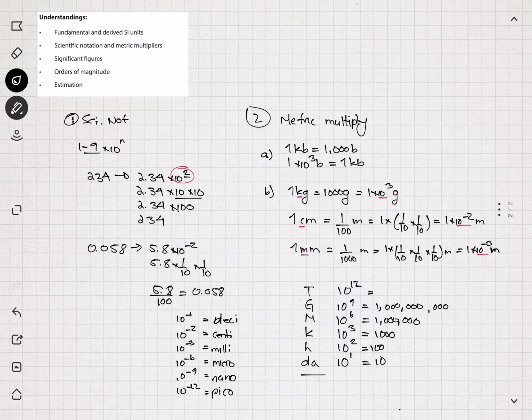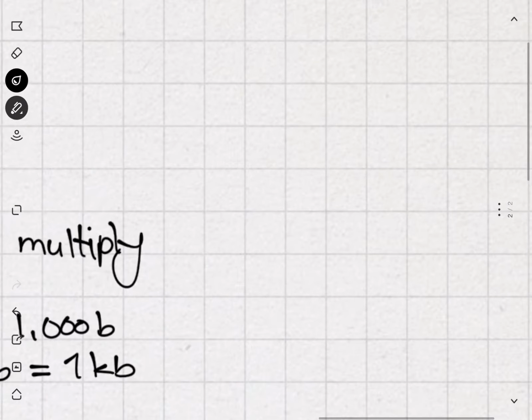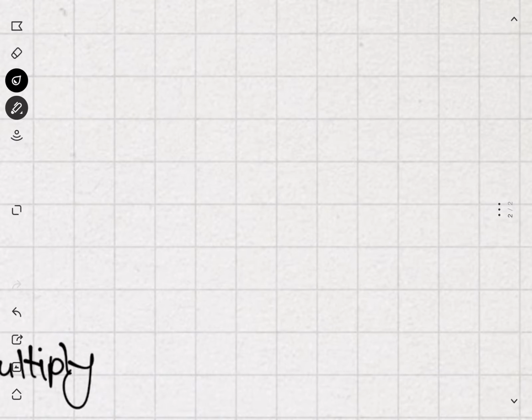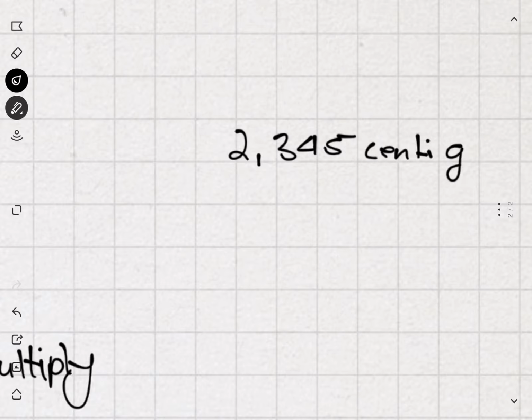So metric multiplier. If we were to do an example, if I said that I have maybe 2,345 centigrams, how many grams is that?